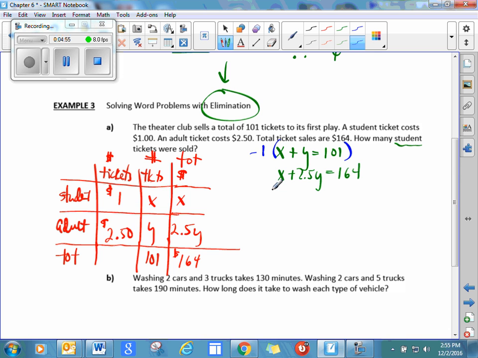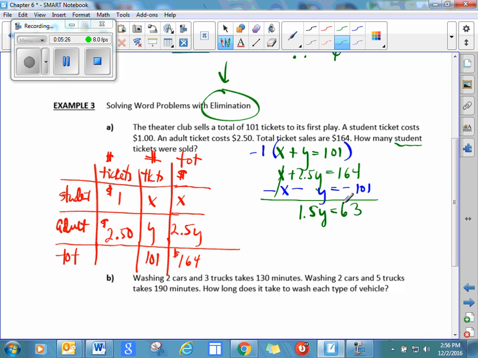And if I rewrite it down here, I get negative x minus y equals negative 101. Now, if I go to add these two together, my x's cancel. I've got a positive 2.5y, and I take one whole y away, and I end up with 1.5y equaling, and 164 minus 101 is 63.